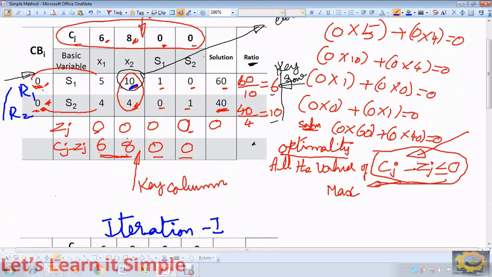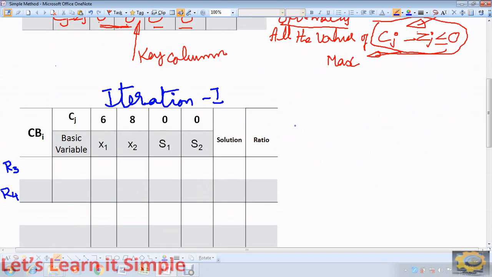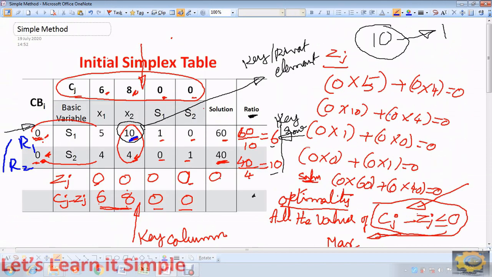Now, how to make the key element as 1? The key element can be made as 1 if I divide R3, which initially was R1. If each of the elements in R1 is divided by 10, I will get 1 in the pivot element, the key element. If you take the first row, we have 5, 10, 1, 0, 60.